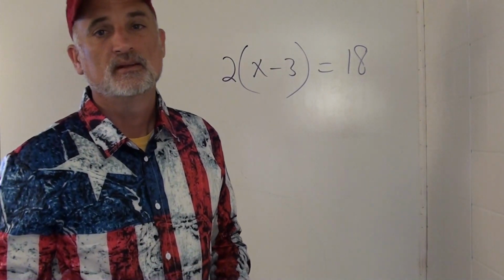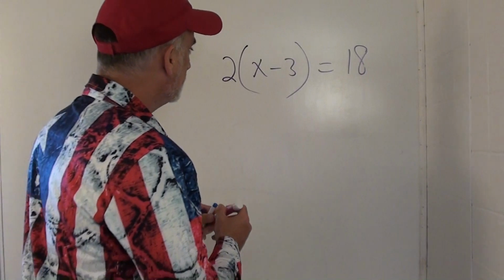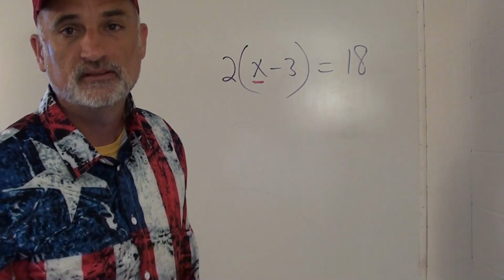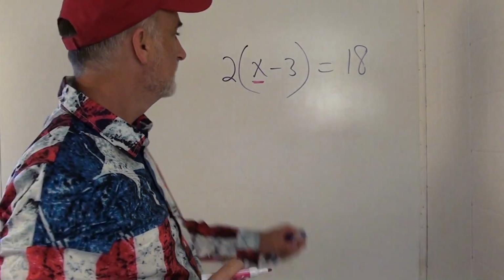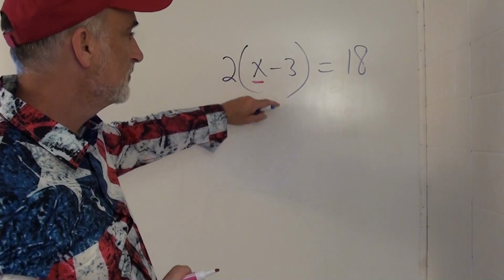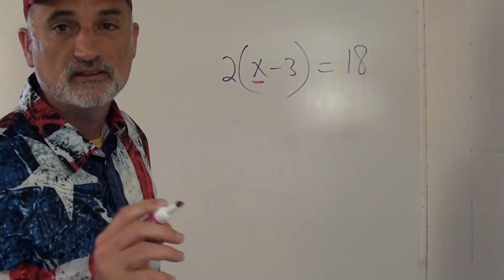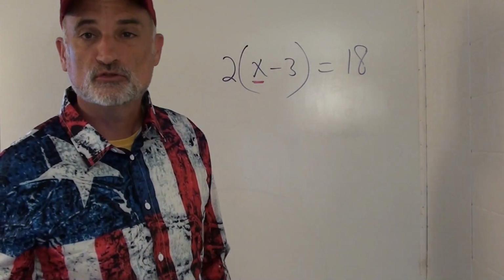Okay? So, now I've got a variable trapped inside a parenthesis on the left side of the equation. So let's get it out using the distributive property.